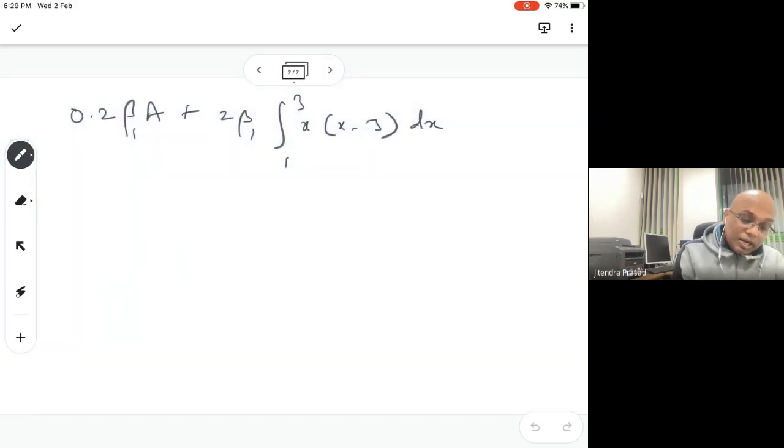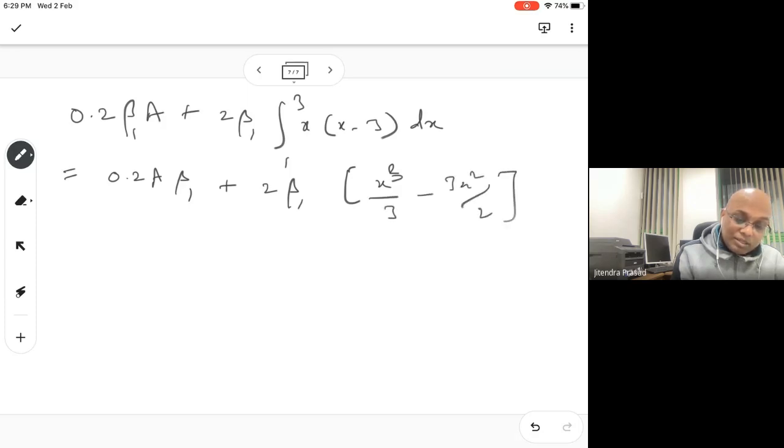Okay. This is equal to 0.2 A beta 1 plus 2 beta 1, and this we need to integrate. So x square we make x cube over 3 minus 3x square over 2, from 3 to 1.